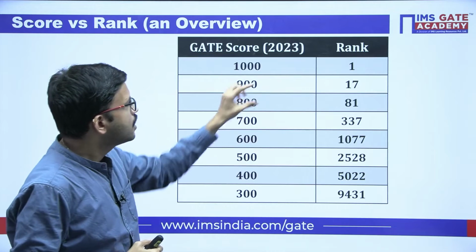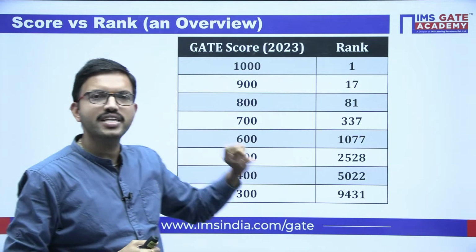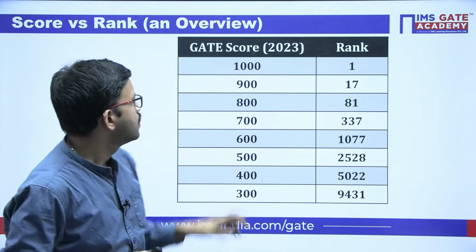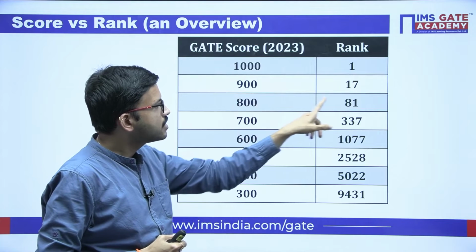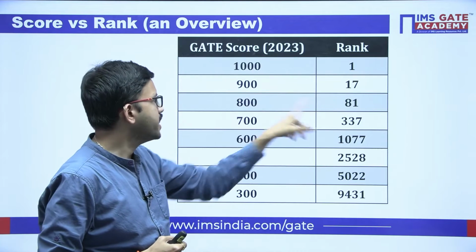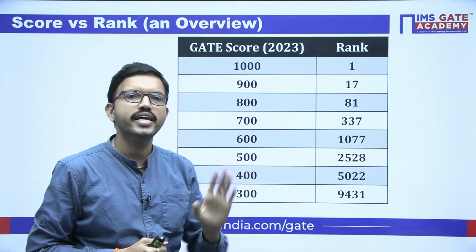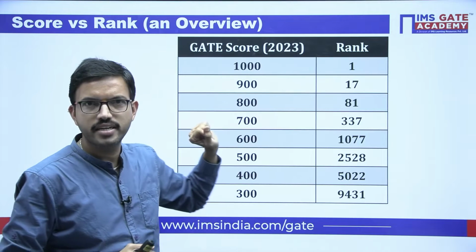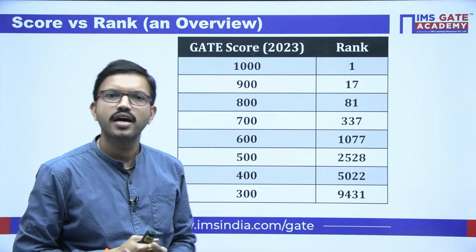That means only 16 students got a GATE score between 900 and 1000. Similarly, at rank 81 the GATE score was 800. So if you want a rank under 100, you need a GATE score around 780 or 800.